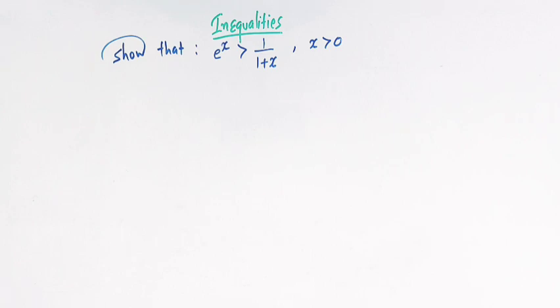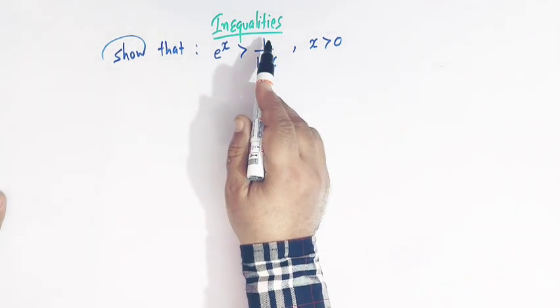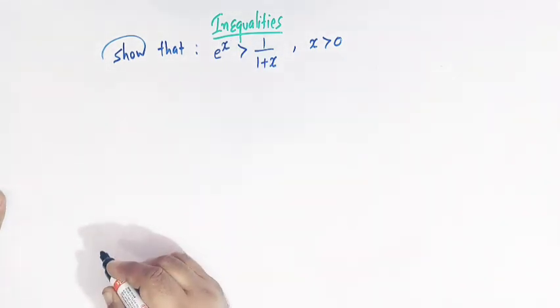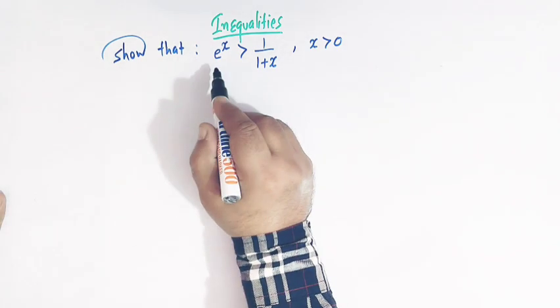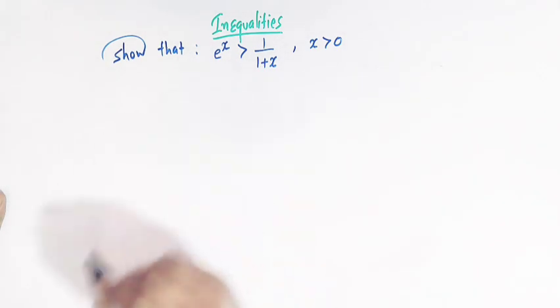So to prove this inequality, the first step is to frame a suitable function, right? Whenever we come across these kinds of inequalities, we should first frame a suitable function.